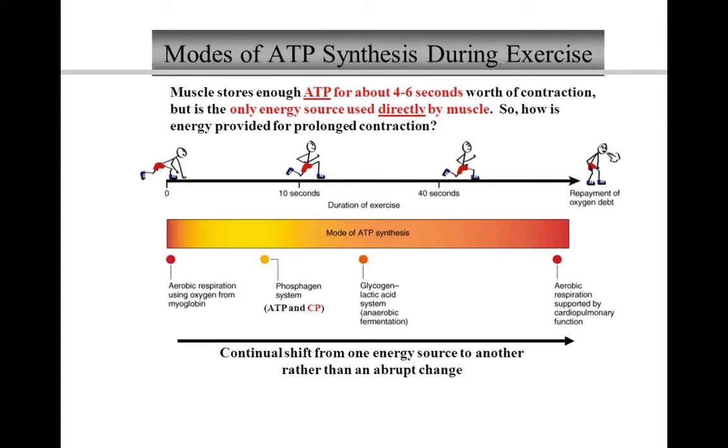Then moving into the short-term energy, as the phosphagen system, the creatine phosphate system, is exhausted, the muscles now are transitioning into anaerobic metabolism to buy time. It wants to buy time so that the cardiovascular and the respiratory system start functioning, and oxygen is available to take over the next step of the process.